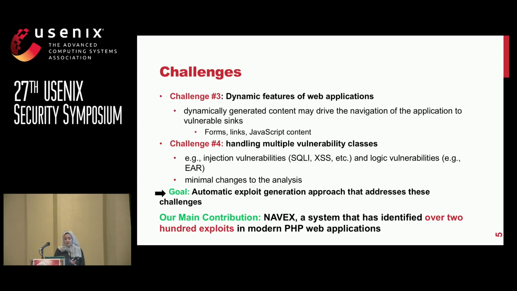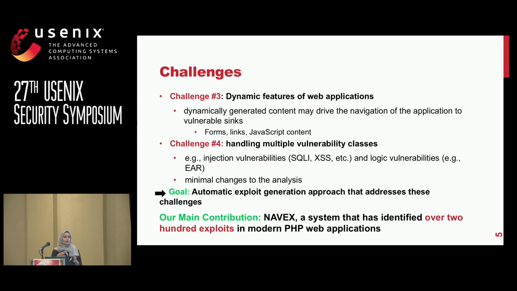The other challenge that we need to tackle is related to the goal of generating exploits automatically for different vulnerability types. We want to generate automatically exploits for injection vulnerabilities like SQL injection, file inclusion, code execution, as well as logic vulnerabilities like execution after redirect.